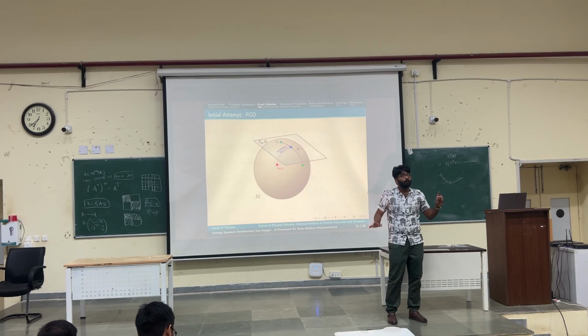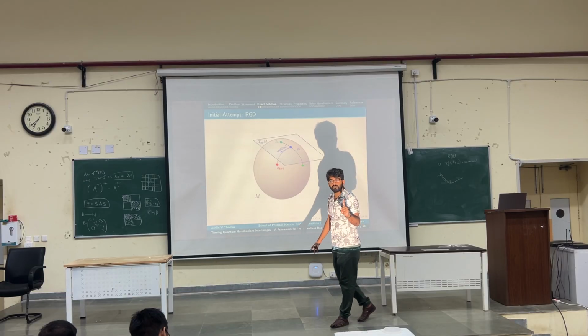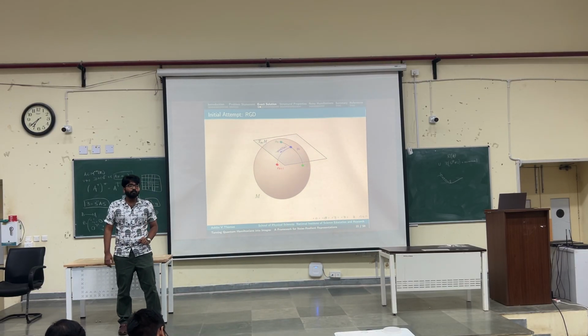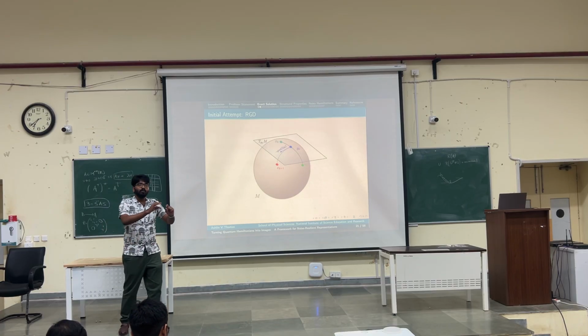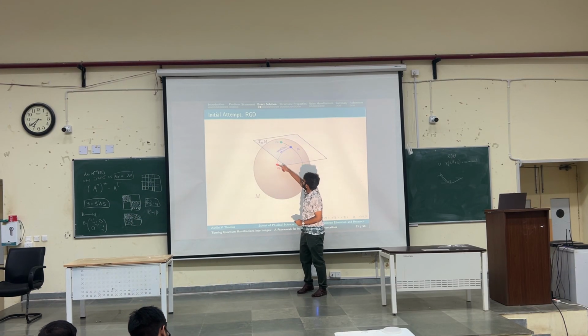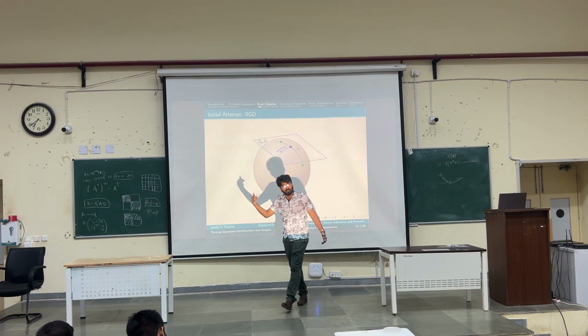That's what convex means. But a sphere is not convex. When you move from one point on the sphere to another point on the sphere, through a straight line in R2, you will go out of the sphere.